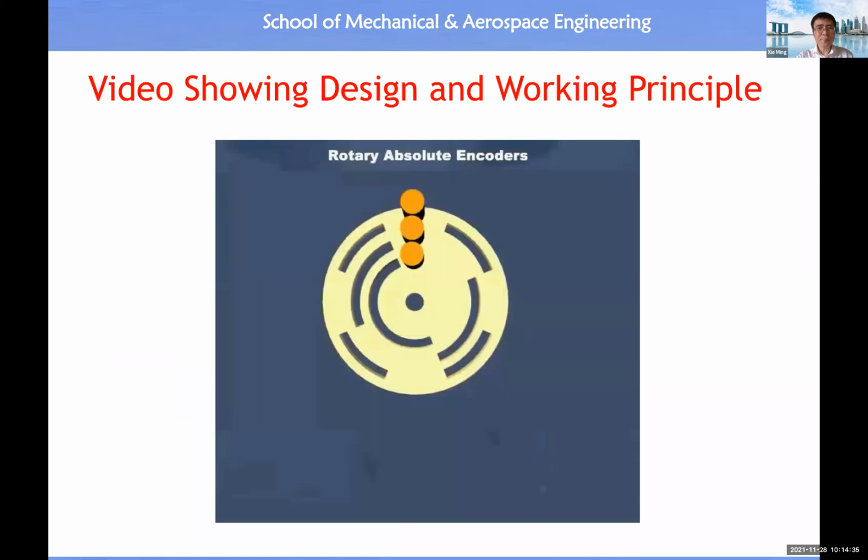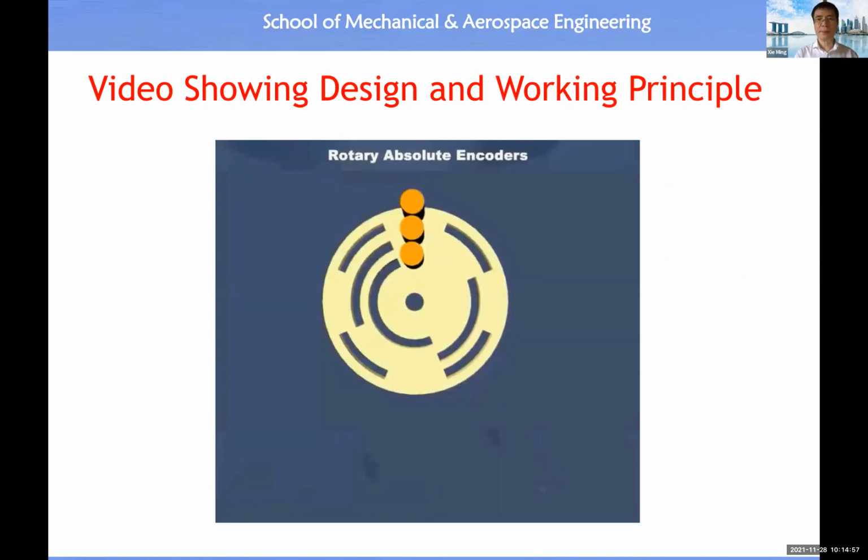This video shows you the working principle of the absolute optical encoder and the design guideline for you to come up with a similar design solution.